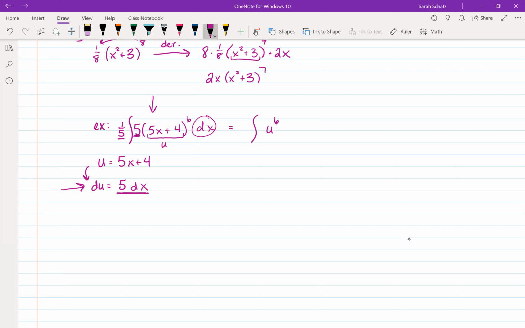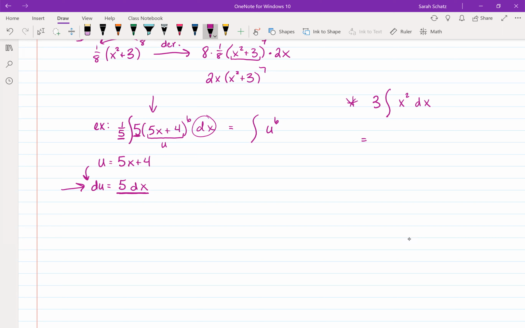Now, we haven't had to deal with it too much, but let's have a sidebar. If you have a number on the outside of your antiderivative, in an easy situation like this, that number just gets multiplied by whatever your antiderivative is.